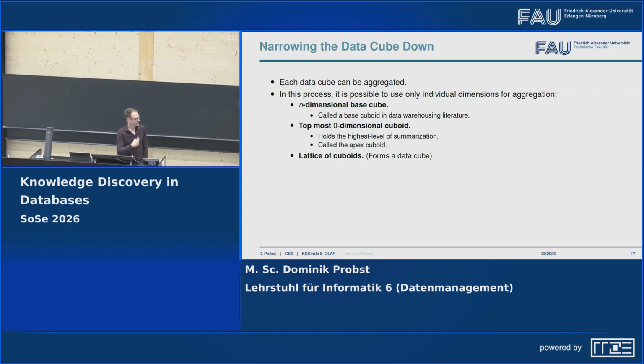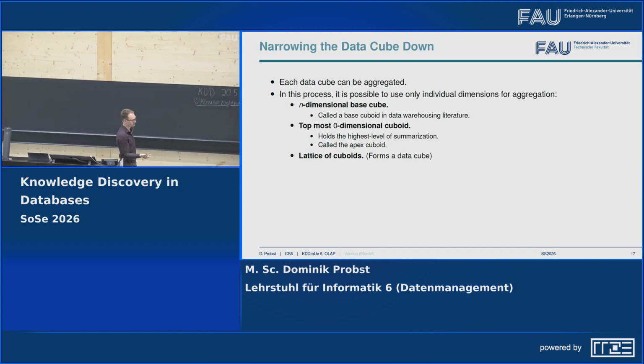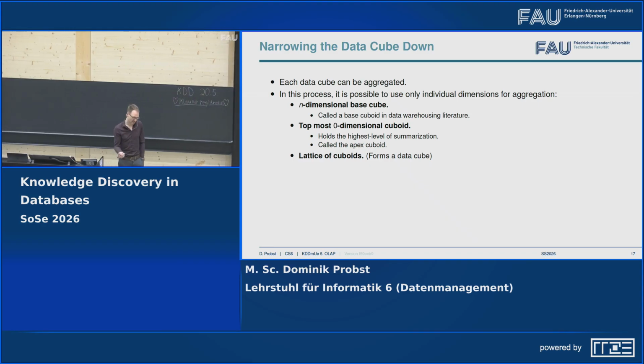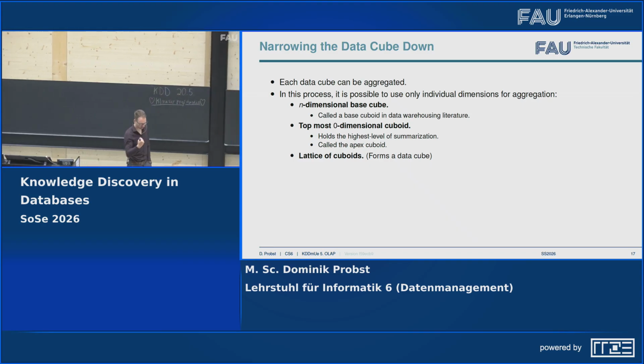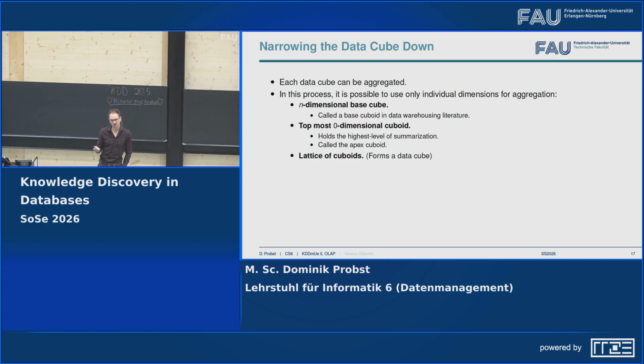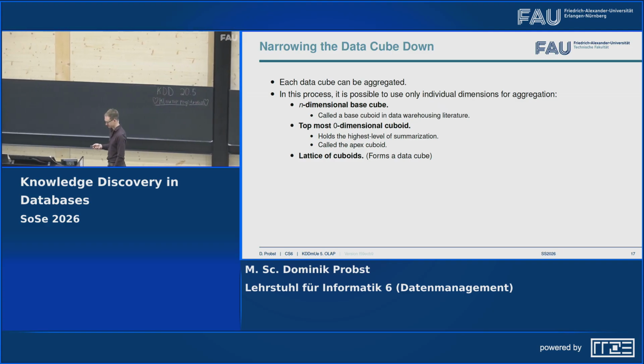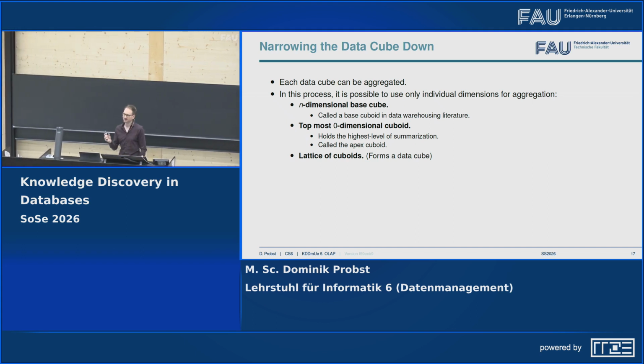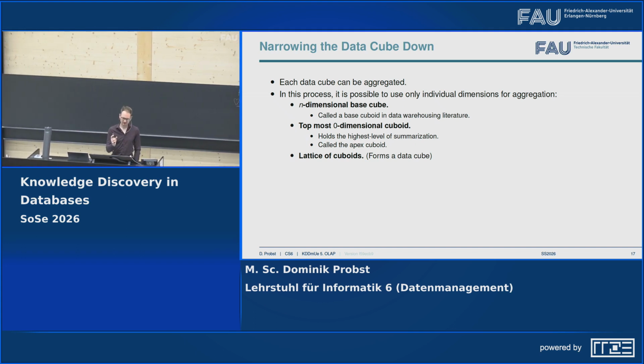We have a basically n-dimensional base cube, and we can go to coarser granularities by merging different dimensions together. Well, not merging them together, but making a selection on different granularities.